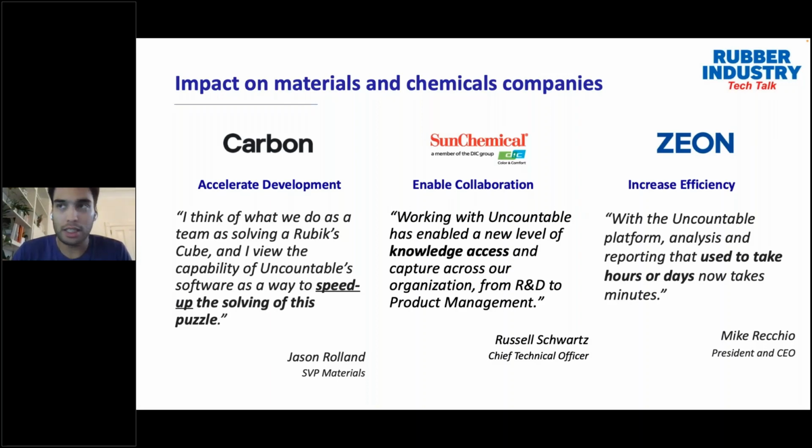This leads into an increase in efficiency that's attributed to this disparate data problem. With a system like Uncountable connecting all the dots, analysis, reporting, or just overall learning that is bogged down in this data curation, collection, or preparation process goes from hours or days to a matter of minutes.